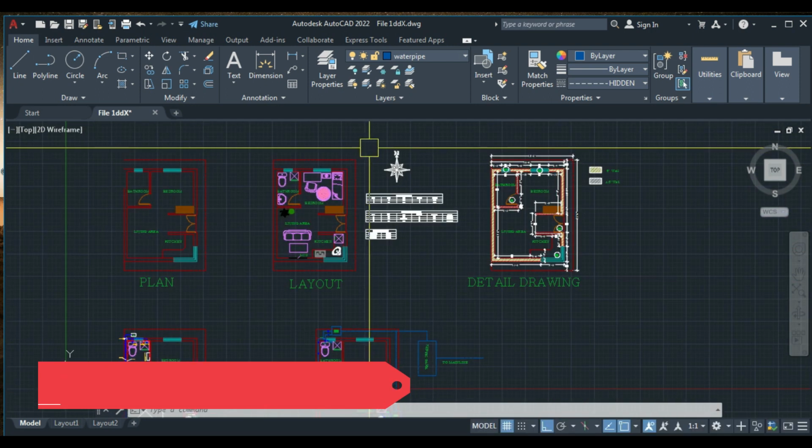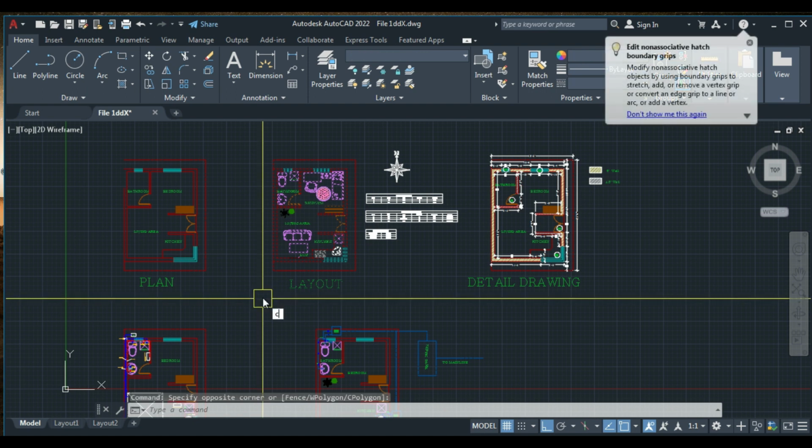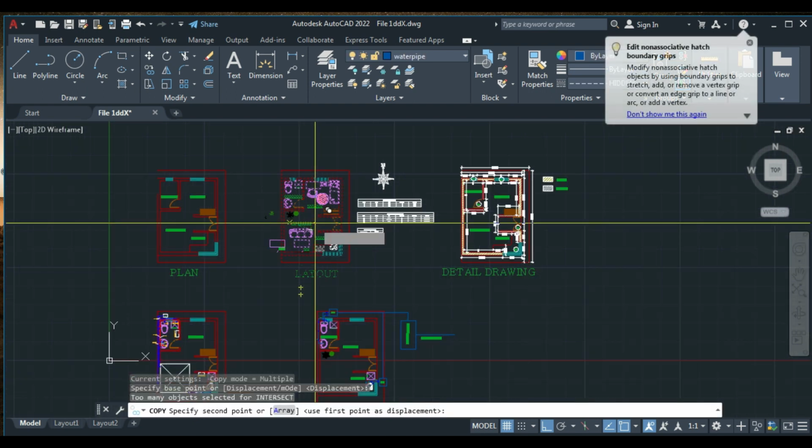In today's video we are going to learn about the electrical layout of the small house project. Let's begin. First copy the layout drawing.